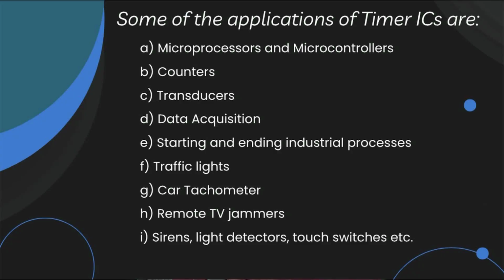It works based on the 2 inputs which are controlled by the output. Some of the applications of timer ICs are: it is used in the microprocessor, microcontroller, counter, transducer, data acquisition, starting and ending industrial processes, traffic lights, etc.